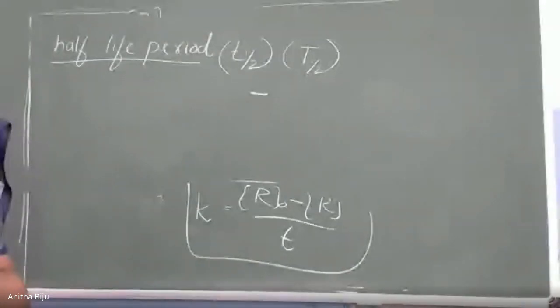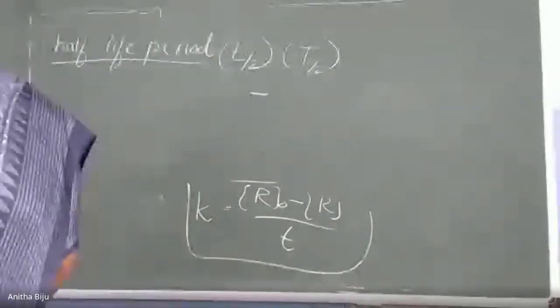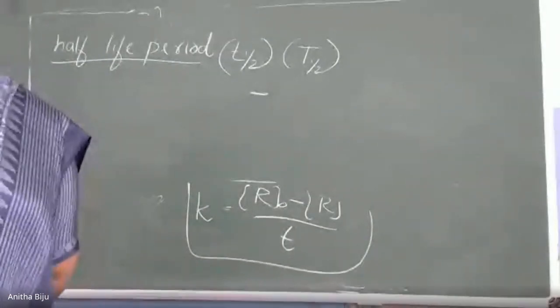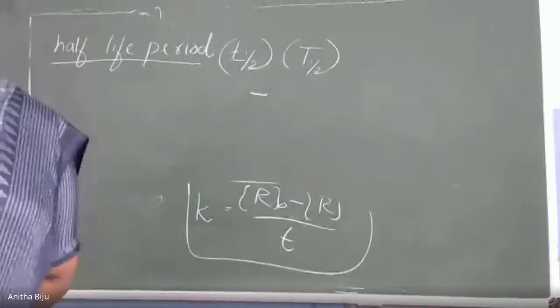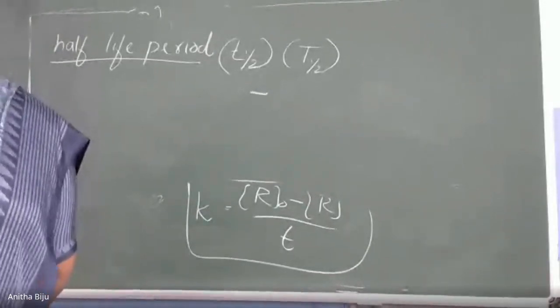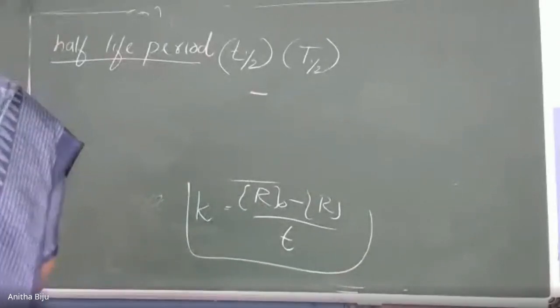What is T? Time period, temperature. Correct. But this one is different. What do you mean by half-life period? Very important. Half-life period is defined as the time taken for the reactant to reach half of its original quantity. I will give an example.